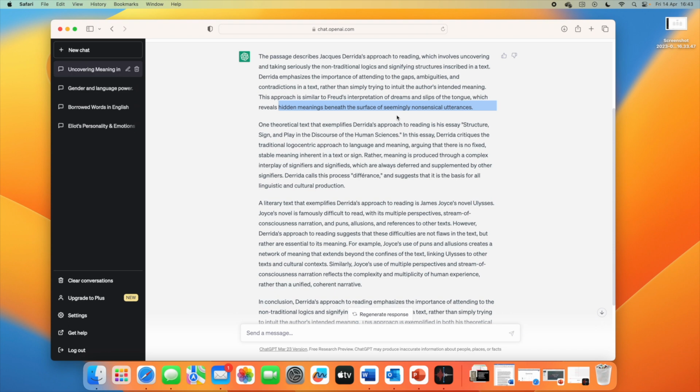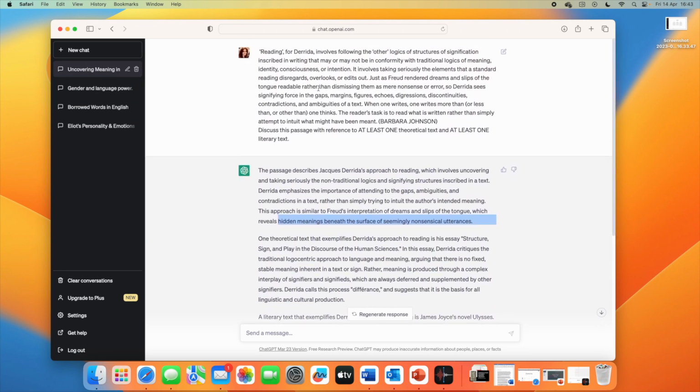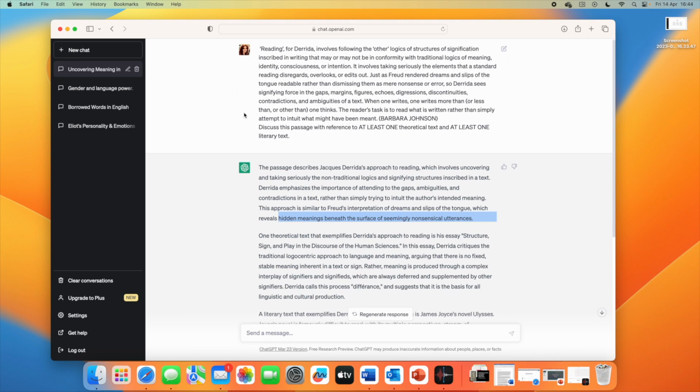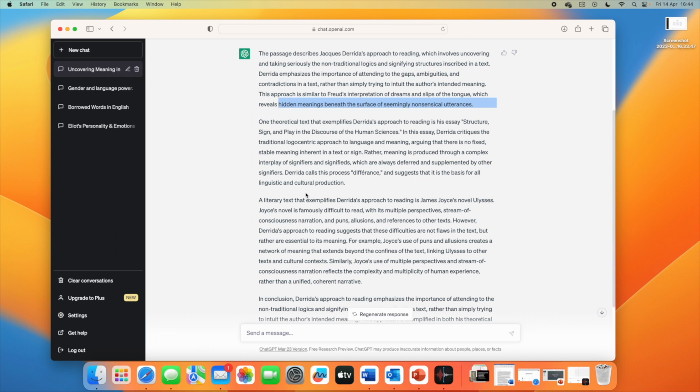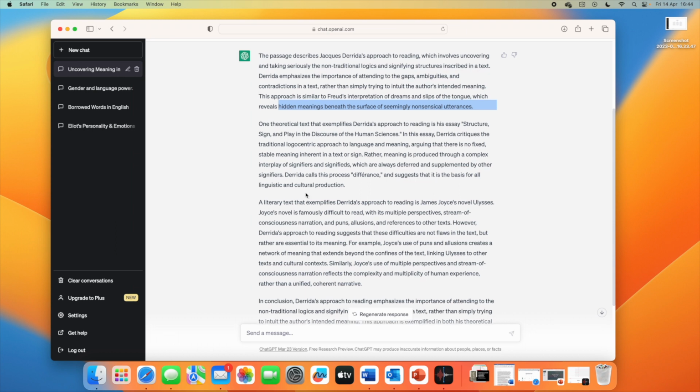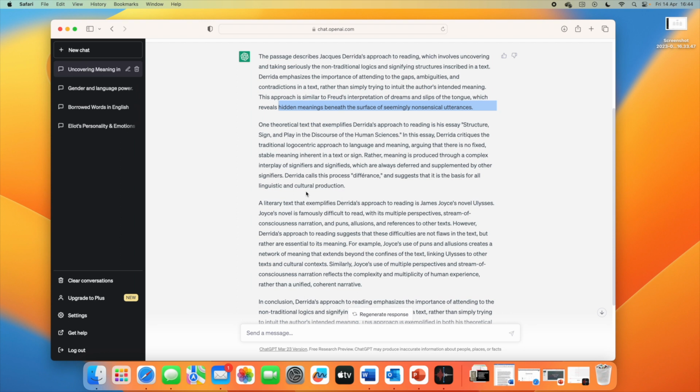Okay, so the analogy there to Freud is talking about author intention. Now, I don't know about you, but I did not get that from the prompt itself. But now I'm thinking about Derrida's approach to author intention and what that might mean. So now I feel a bit more confident about that.